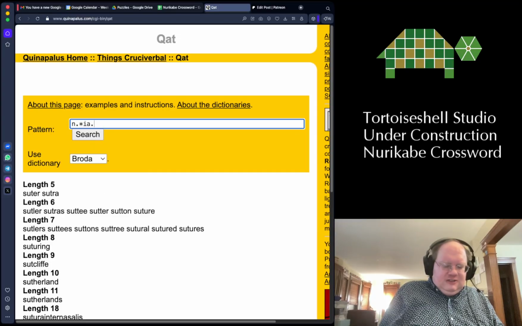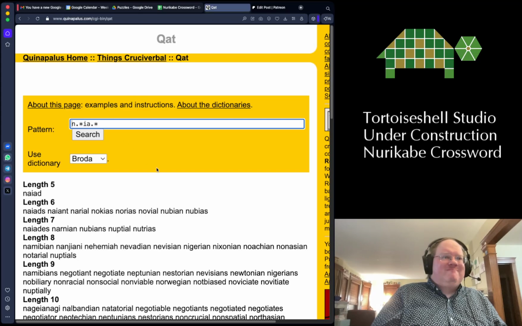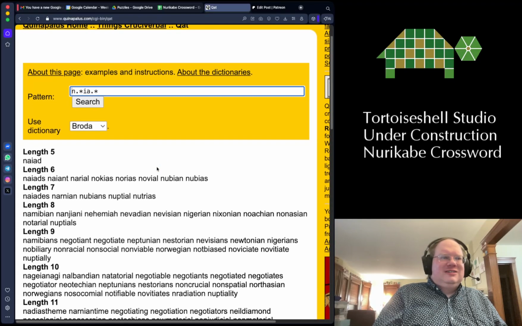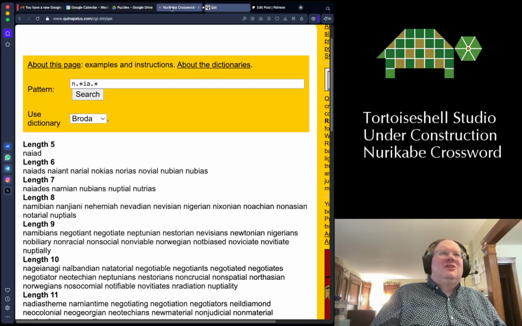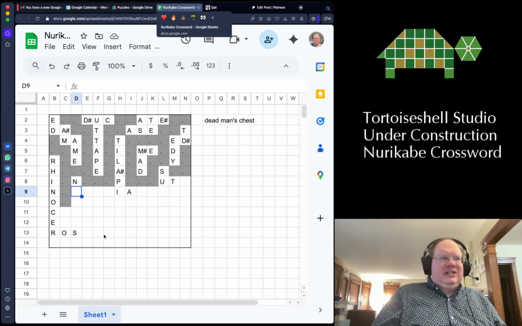Star I dot. Nubian, Narnian, nuptial. Okay, that's not working.